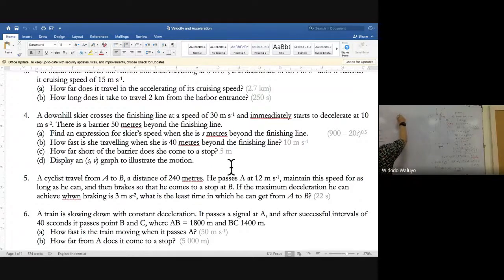Ini formula V adalah root of 900 minus 20s.